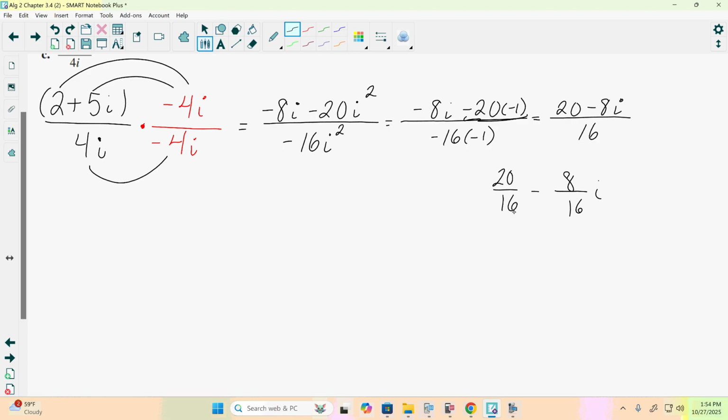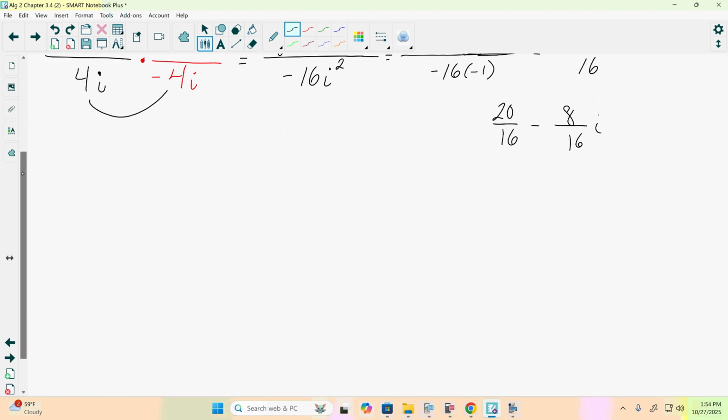We could say this is the final answer as long as neither of those two fractions is reducible. Well, 8 sixteenths is 1/2, and 20 sixteenths does reduce to 5/4. So this simplifies to 5/4 minus 1/2 i.